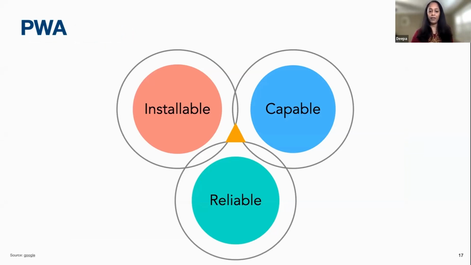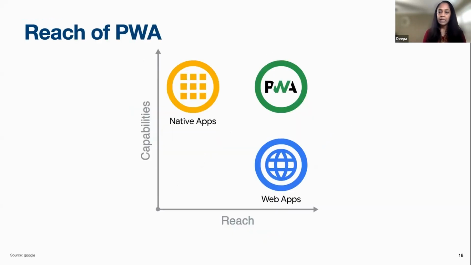So that's the beauty of it, and you can enhance your web application to make it a progressive web app, right? So what happens when you make them a progressive web app? The reach becomes equal to a native application.